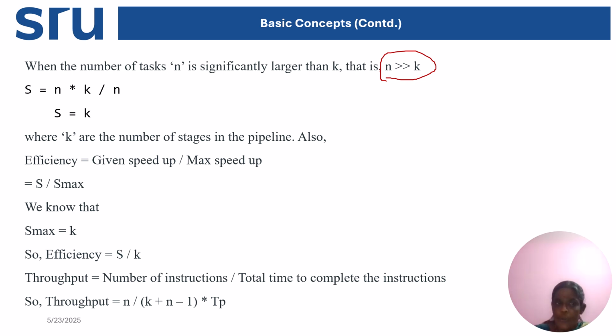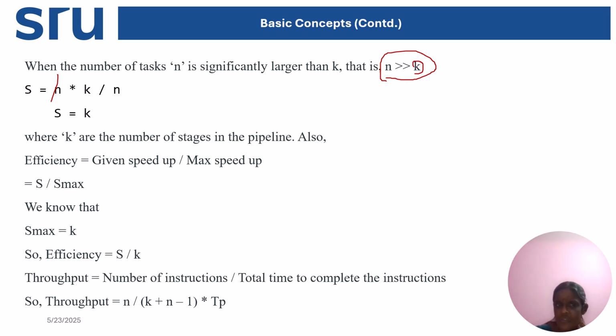S is equal to n into k divided by n, because that n minus 1 plus k we have seen in the previous formula. It will be reduced to n only, because n is far greater than k. When compared to the n value, this k value is very negligible. That is why n into k divided by n.